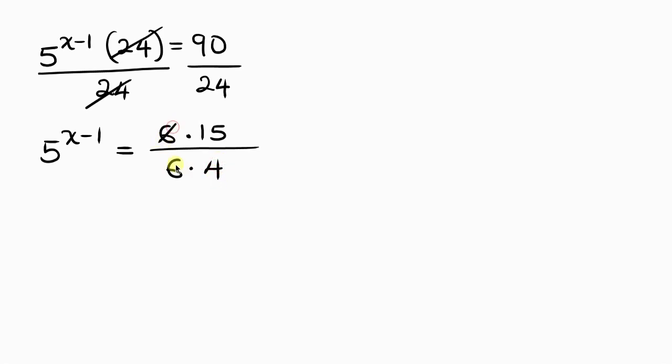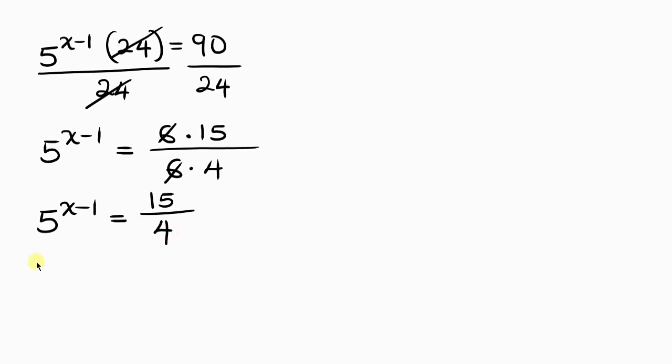And 6 can cancel out 6, leaving behind 15 all over 4. So we have 5 to the x minus 1 to be equal to 15 all over 4.